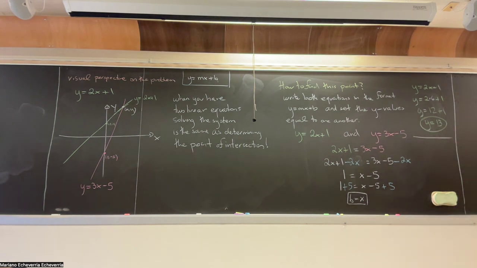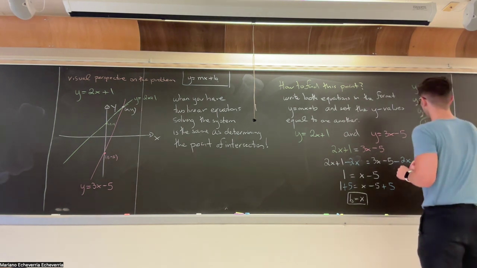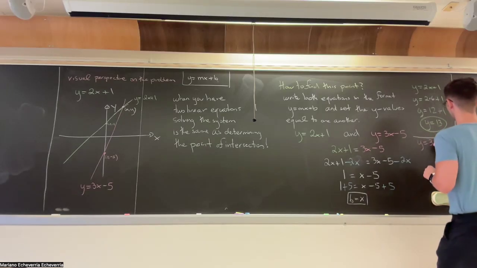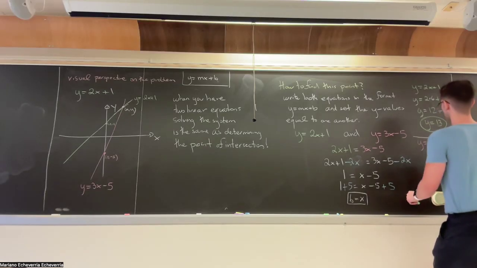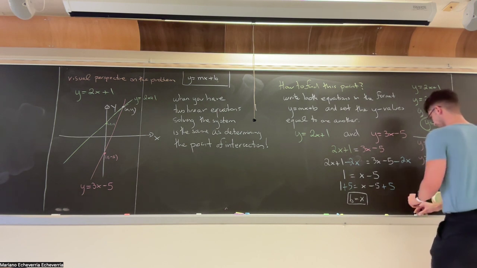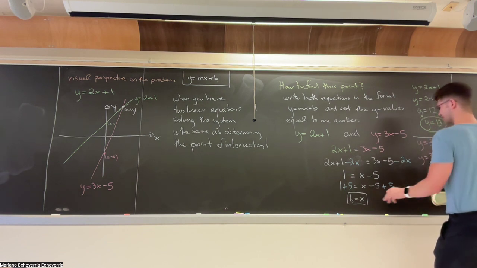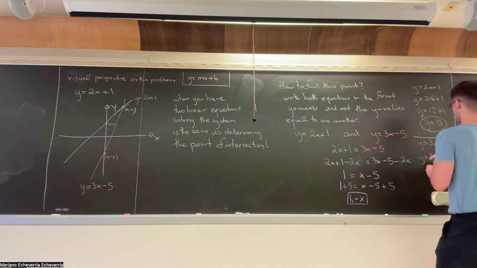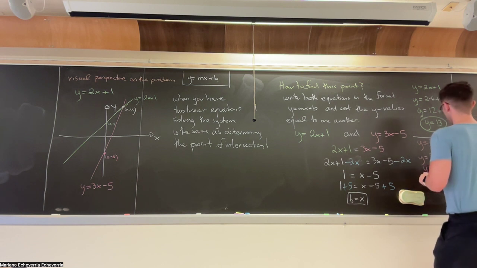And then if you take the second equation, which is y equals 3x minus 5, you get y equals 3 times 2 minus 5. Oh, sorry, 3 times 6 minus 5, because x is 6 in this case. So what does that give you? It gives you y equals 18 minus 5, which is also 13.